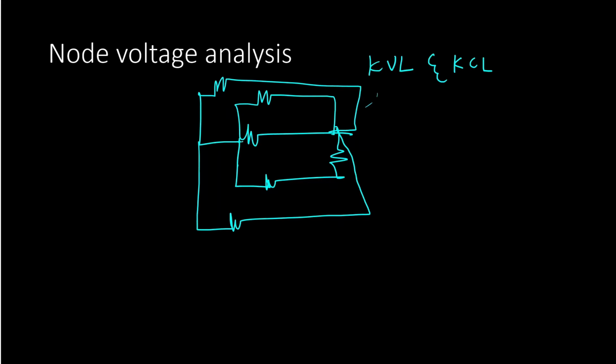But in nodal analysis, we just observe two nodes in this particular network. These are also nodes, but because they are at the same potential, they are not considered. So with just two nodes, we can solve for the entire branch currents. But if we applied KVL and KCL to everything, we would end up with several equations. That is why we use these methods, which provide an algorithm to solve the problem. So we look at the node voltage analysis algorithm.